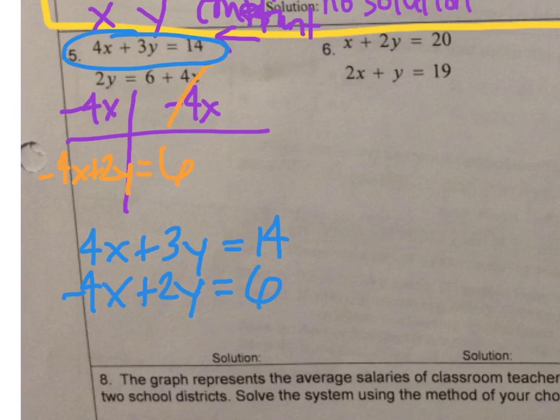Now look and see, do all of our terms line up? All of our x terms are lined up, our y terms are lined up, and our constant terms are lined up. Now check to see if you have opposite coefficients.